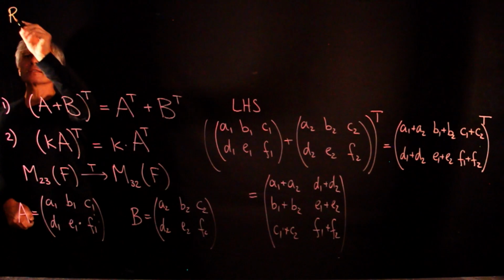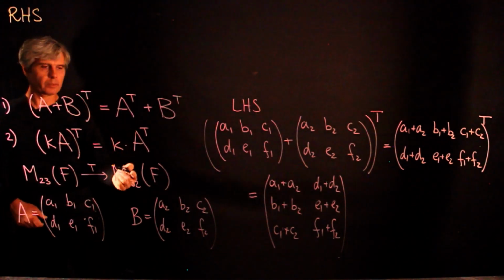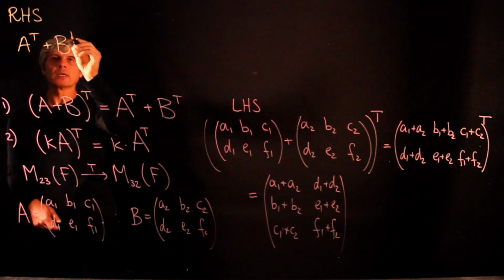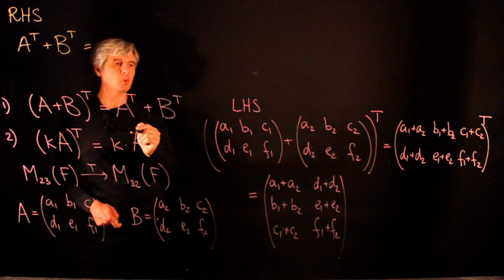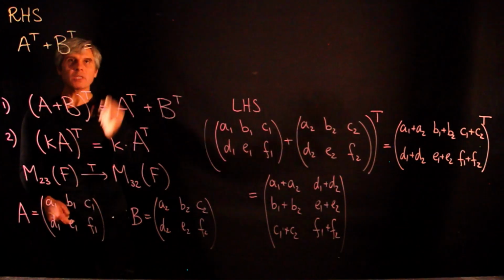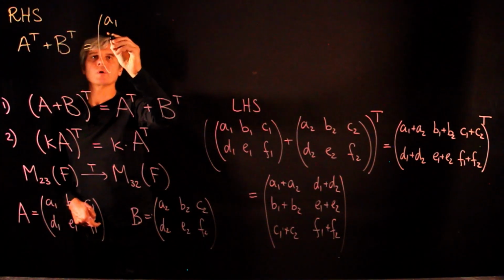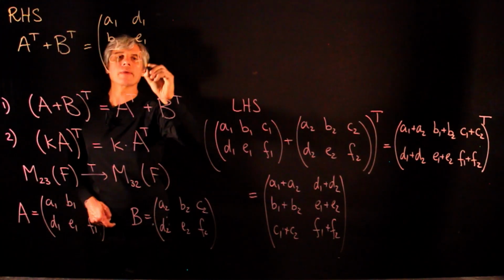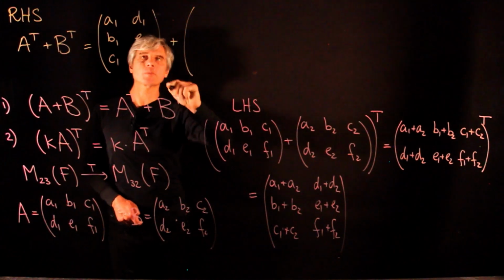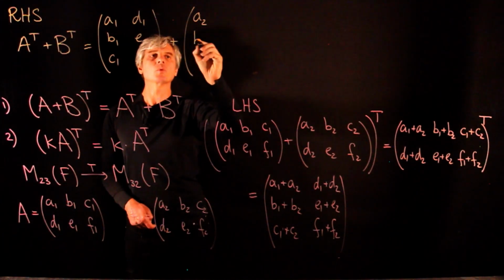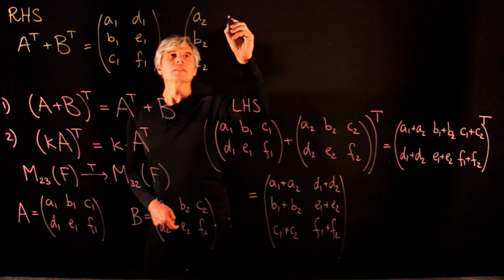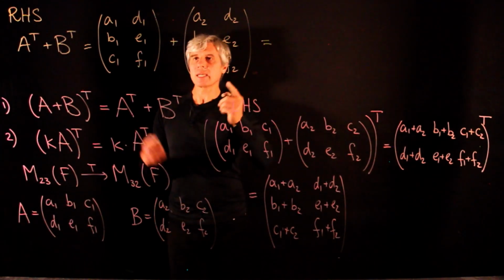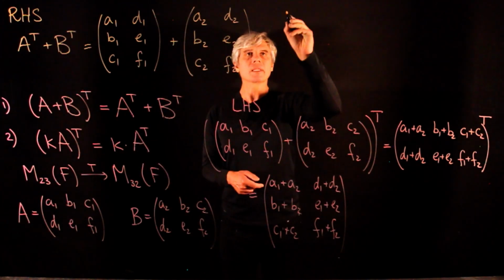And for the right-hand side, we have A transpose plus B transpose is equal to the sum of the following two matrices. So we take the transpose of this matrix. So that becomes A1, B1, C1, D1, E1, F1, plus the transpose of the second matrix, A2, B2, C2, D2, E2, F2. And the sum of these two matrices is obtained component-wise.